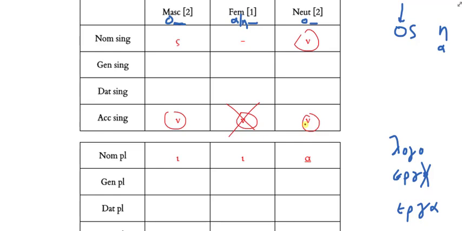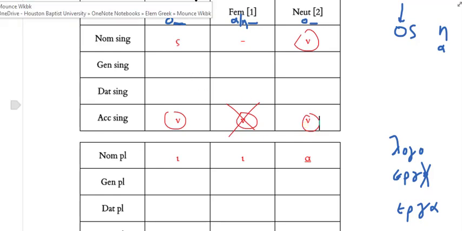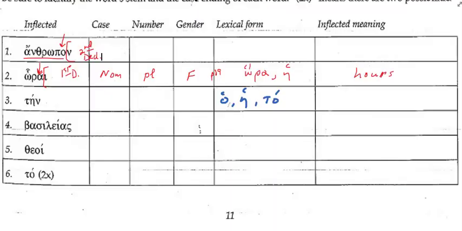Neuter. Because the lexical form's always which case? The nominative singular. So if anthropon were the lexical form, then that nominative form would have a nu, and that's characteristic of neuter nouns. But the nominative form ends with a sigma. So that must be what gender? Masculine. So you see how knowing your stem vowel and your case endings can help you here.